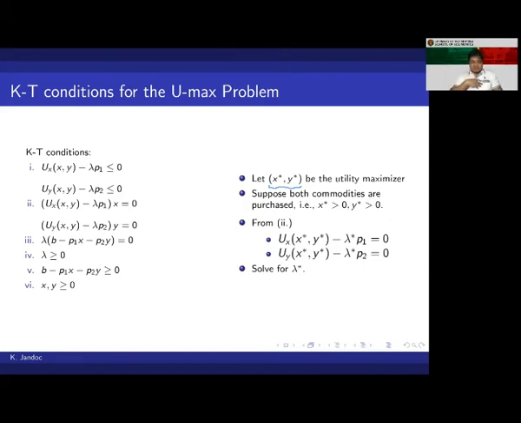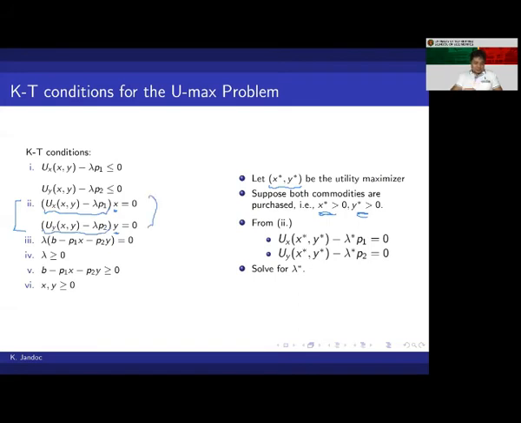And suppose that both are consumed in positive amounts. From condition 2, since x and y are positive, the term in the parentheses should be the one equal to 0, because this should hold.